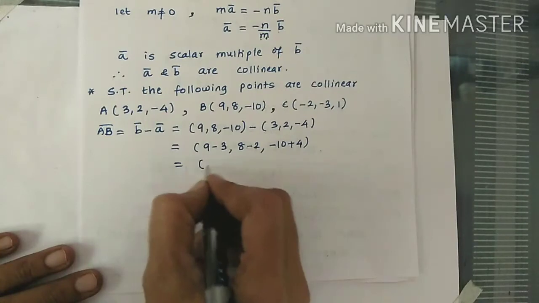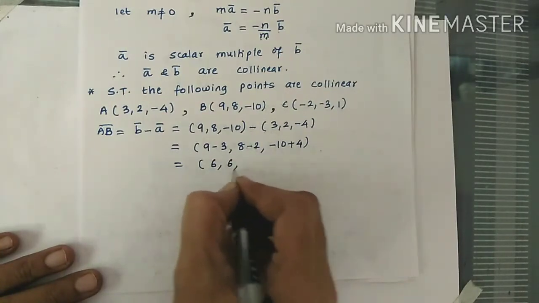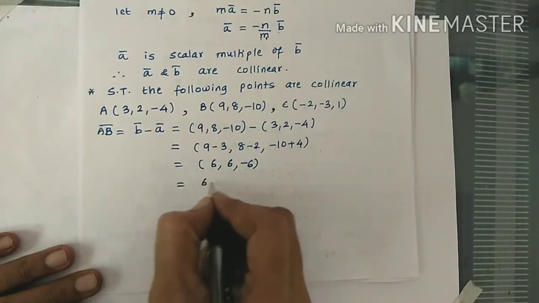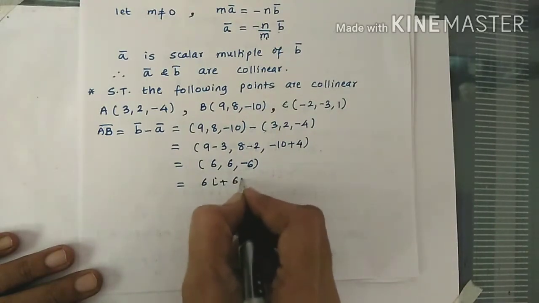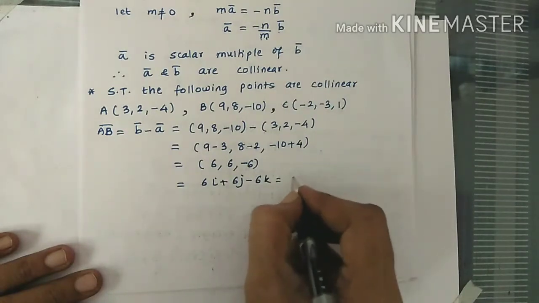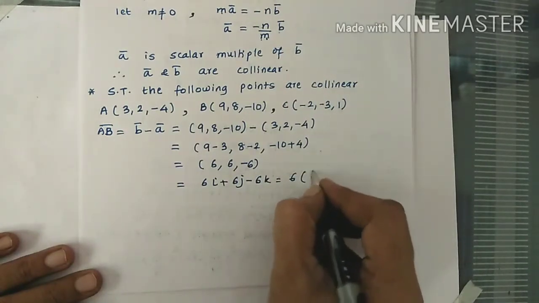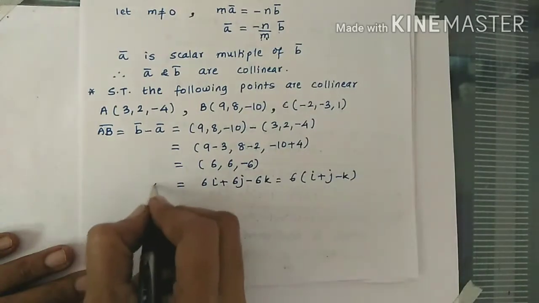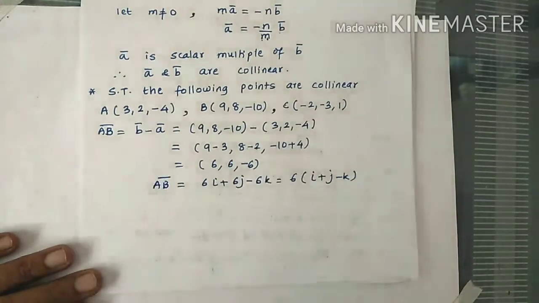So we get 9 minus 3, that is 6, 6, minus 6. So this becomes 6i plus 6j minus 6k. Let's take 6 common. So 6 multiplied by (i plus j minus k). So this is our AB bar.